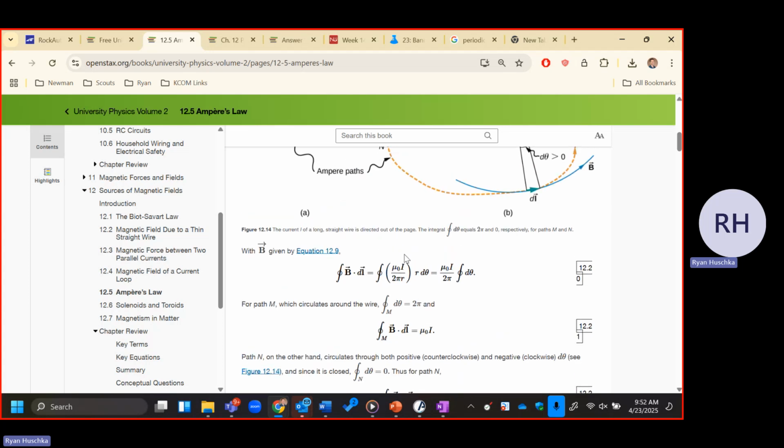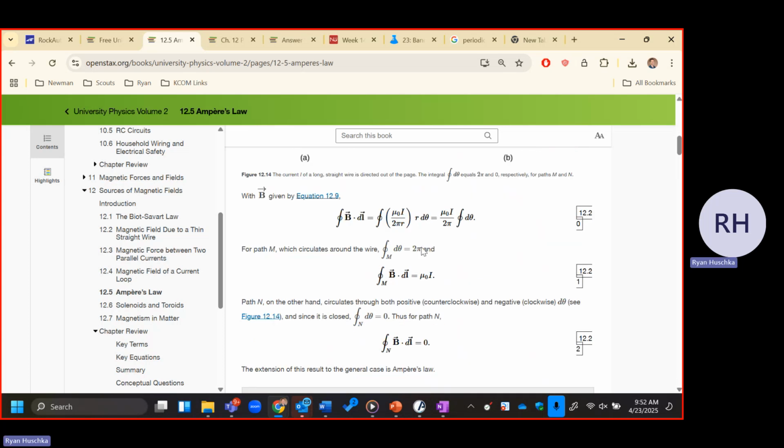So if you're wanting to integrate B·dL, where does that B come from? Does that look familiar?